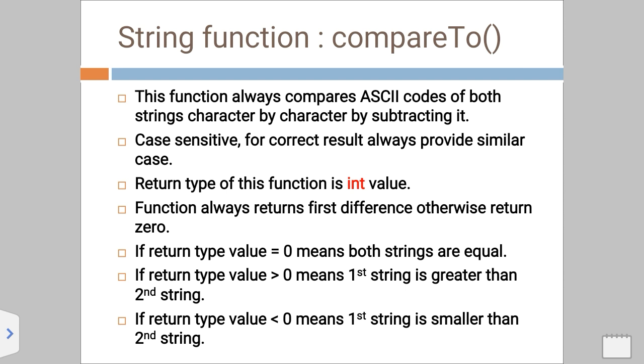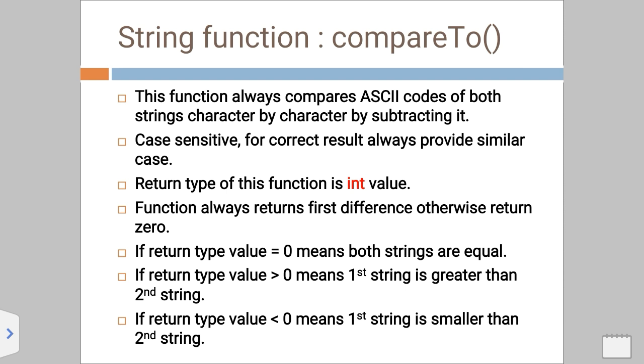But the next difference we are getting, one character is extra in Ankita other than Ankit. Means the first difference we are getting after how many characters? After 5 characters, ANKIT. After 5 characters we are getting the first difference. This function is used to find the first difference of ASCII codes.